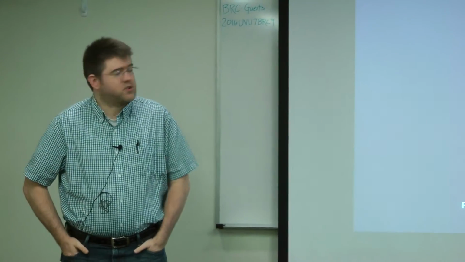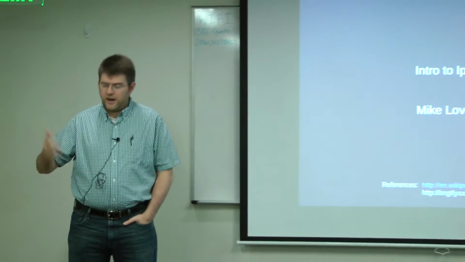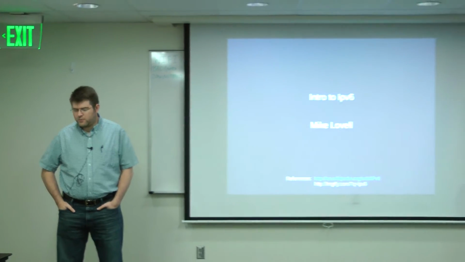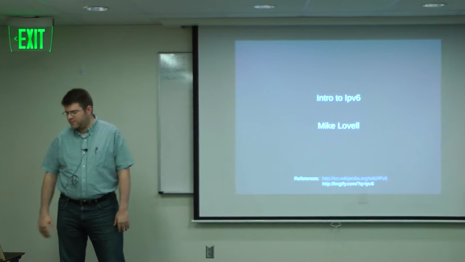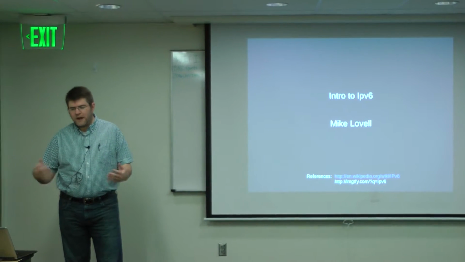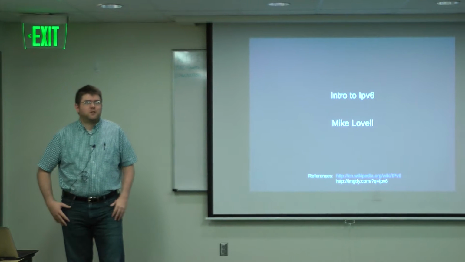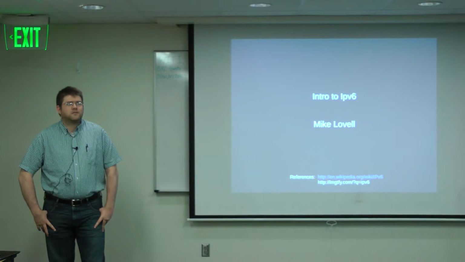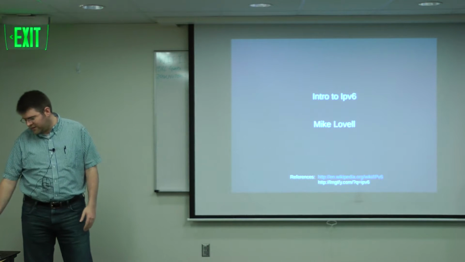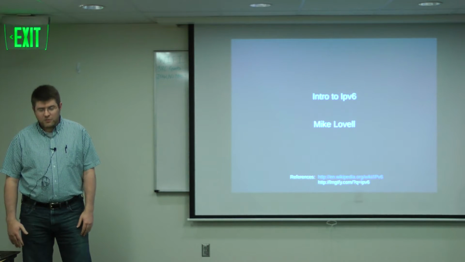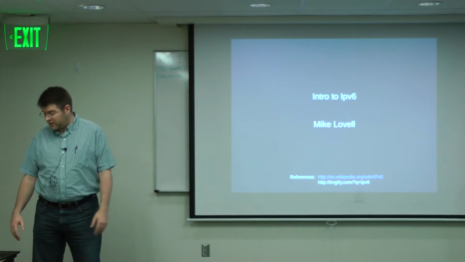Several other times in the past I've given a version of this presentation to various groups, and it's something that I like to come back to every once in a while just to give additional people some more background into it, and also to remind people of how this is the future. We need to be working on this, or we're going to be in a really bad state in the not too distant future.